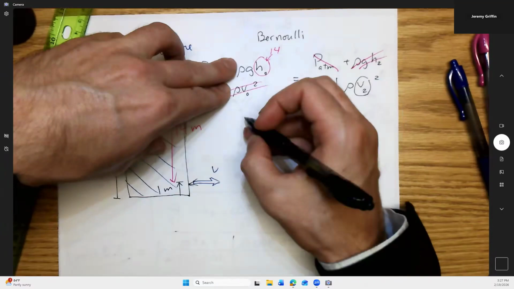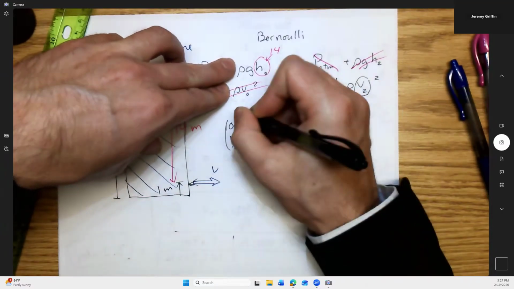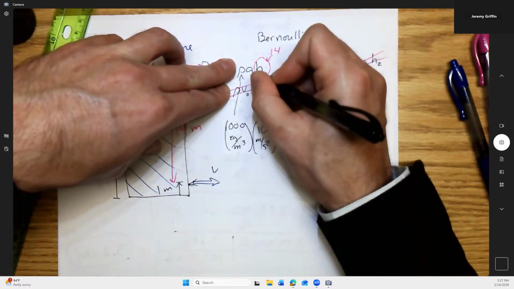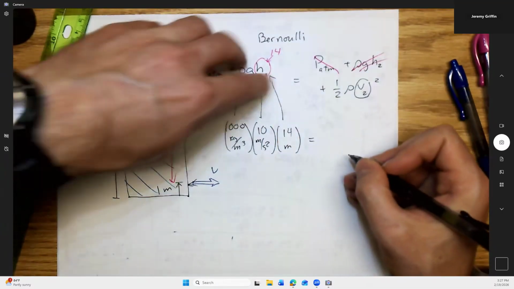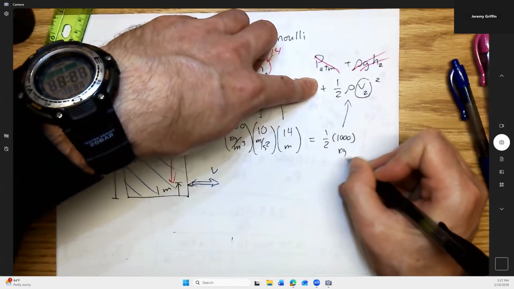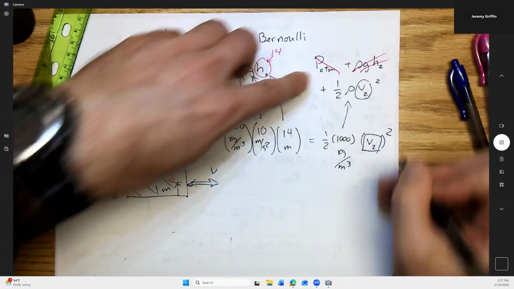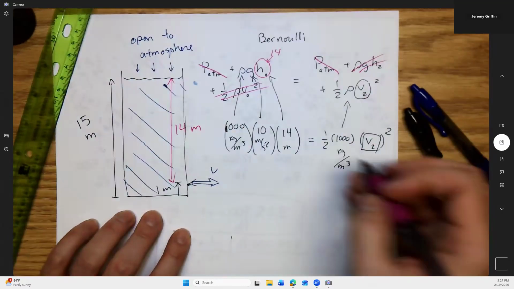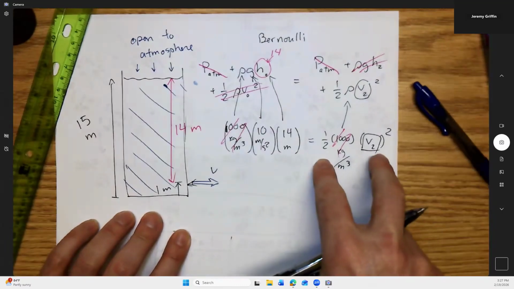So what I have then is 1,000 kilograms per cubic meter, 10 meters per second squared, 14 meter height difference, equals 1/2 times 1,000 kilograms per cubic meter times v2 squared. Now the density of the water cancels out on both sides.